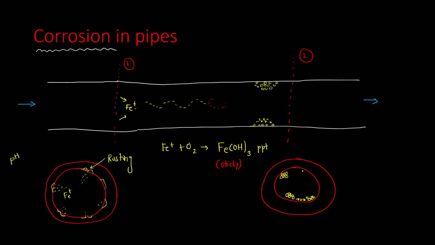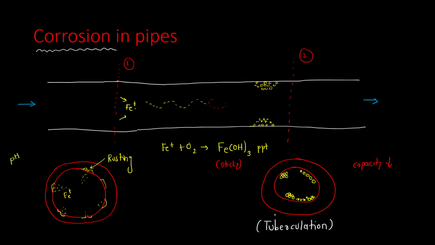By common sense we can say that whatever was the original capacity of the pipe, that capacity has now been reduced. This process in which the FeOH3 gets attached to the inner surface of the pipe is called tuberculation. Very important. This is called tuberculation.